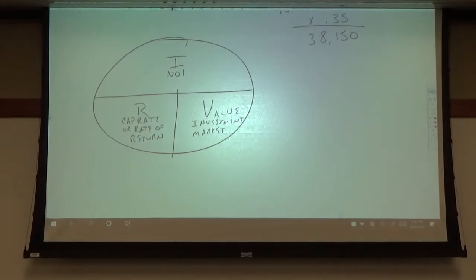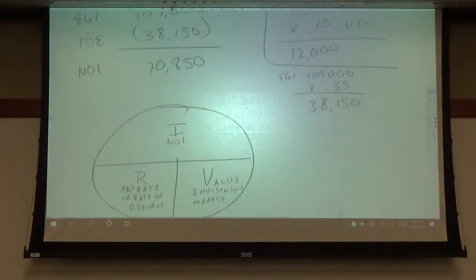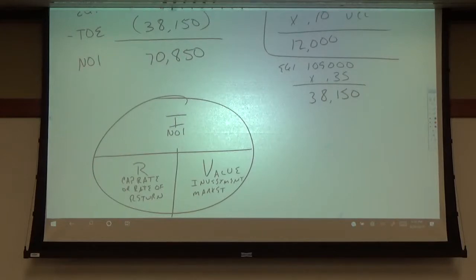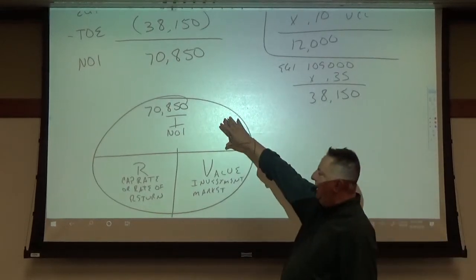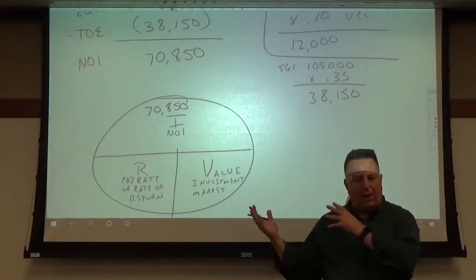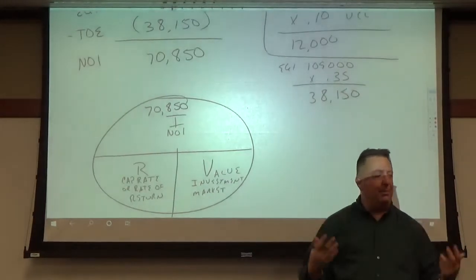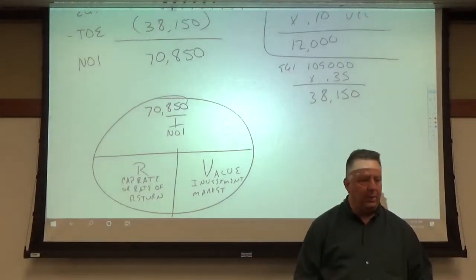But the way this model works is we need to know two of the three variables to solve for the third. In this particular example, we know the annual net operating income is $70,850. So that goes up here in this top piece. The reason I express it this way is that it makes it really easy to remember.